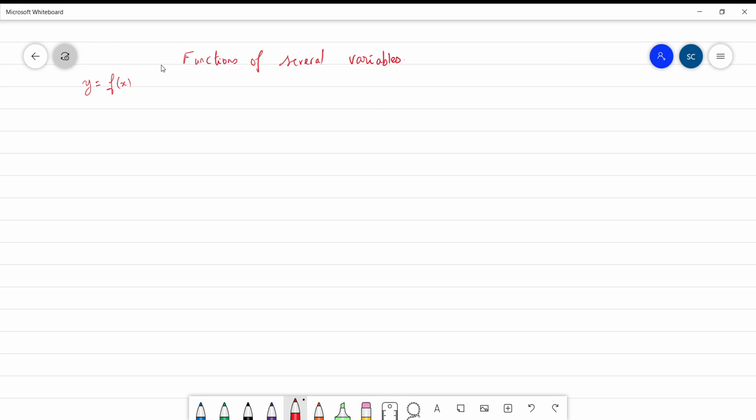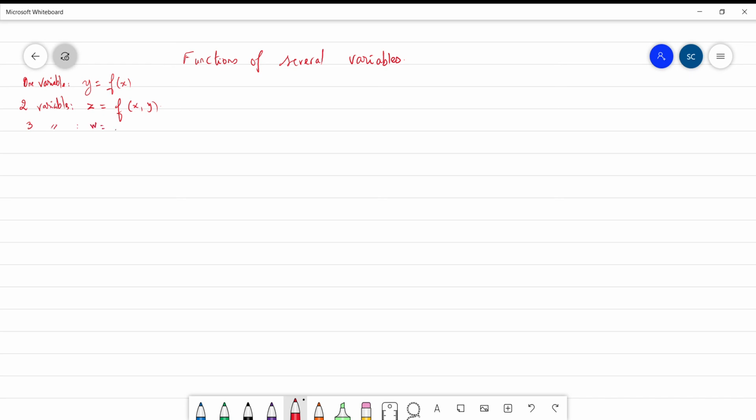So a function of two variables would be something like x and y, with one variable, two variables. Here three variables.